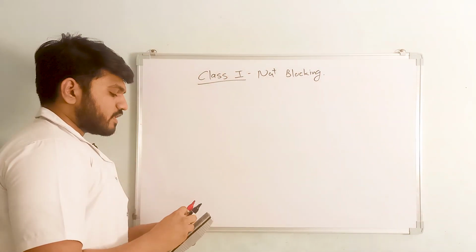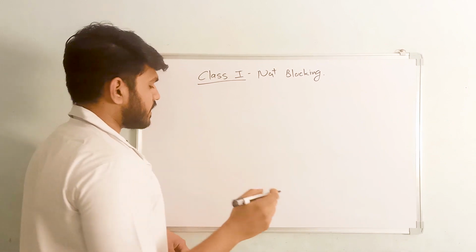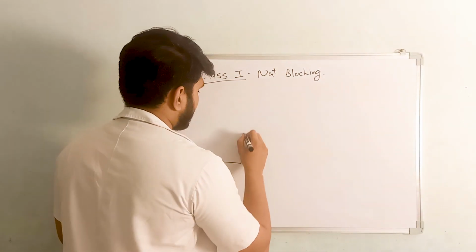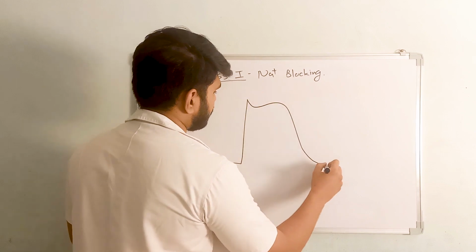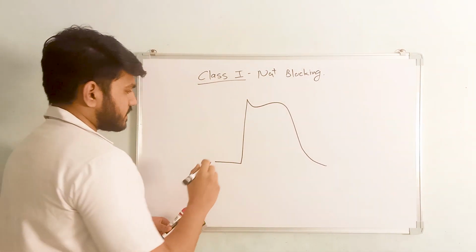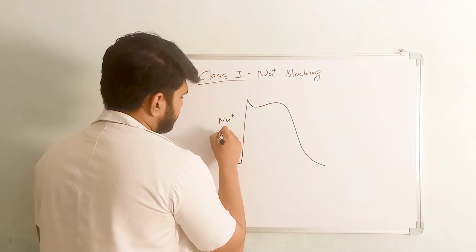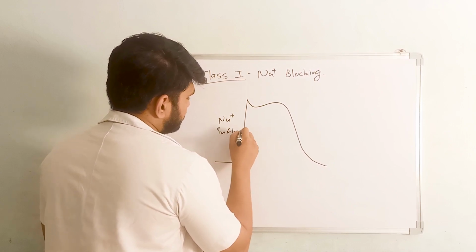As all of you know, from the chart that we learned at the start of the video, the myocyte action potential looks like this. So this is our sodium influx.